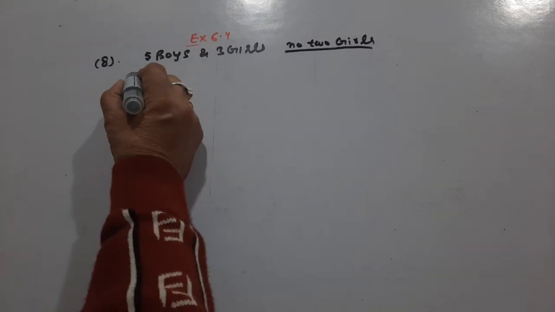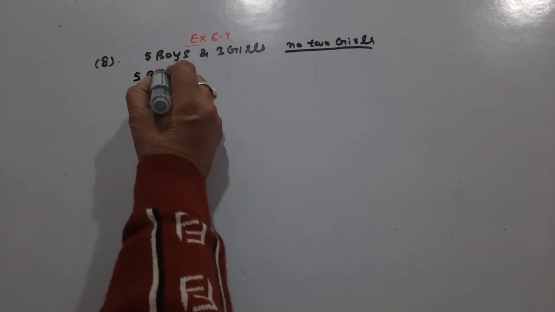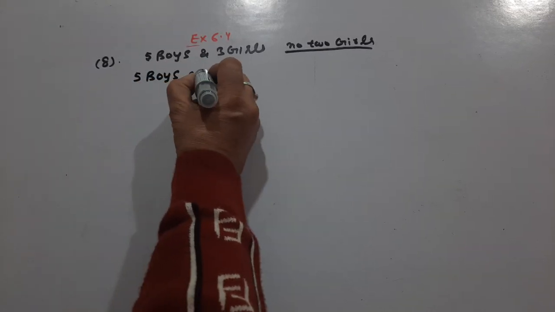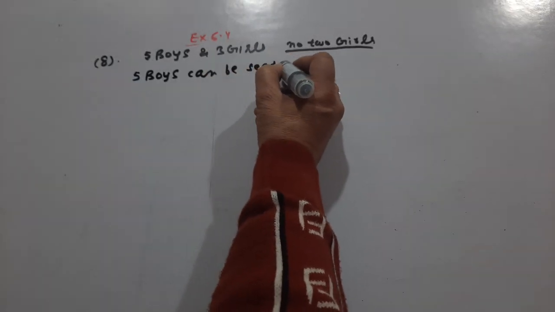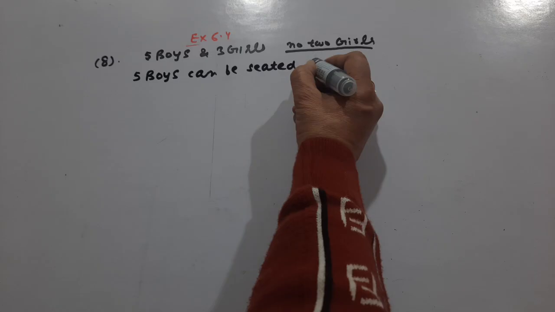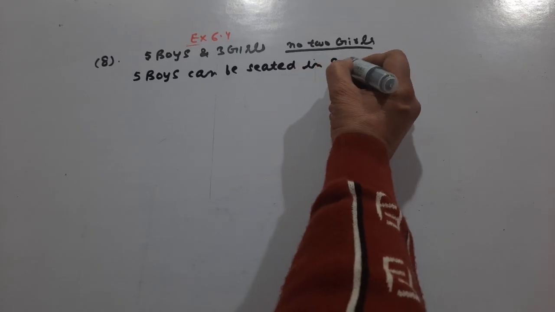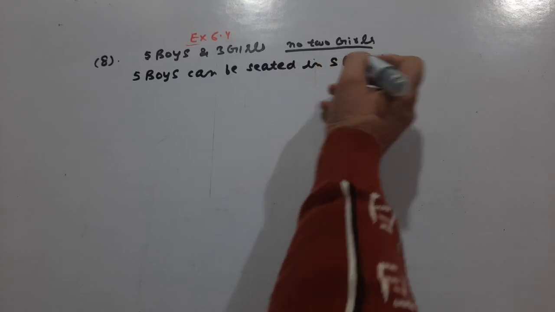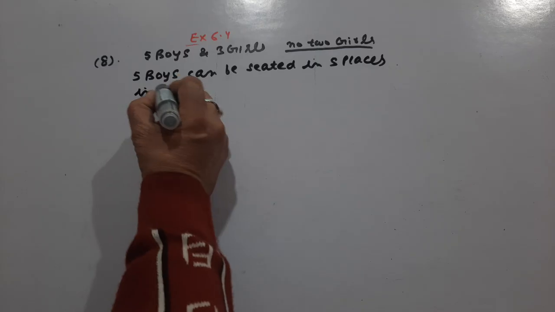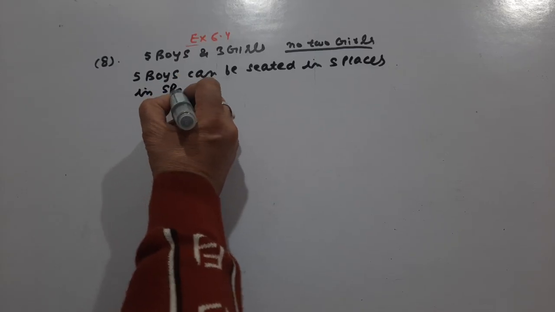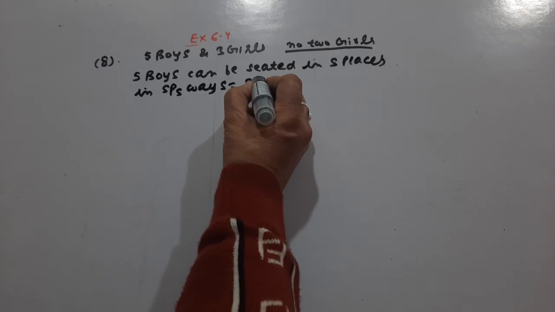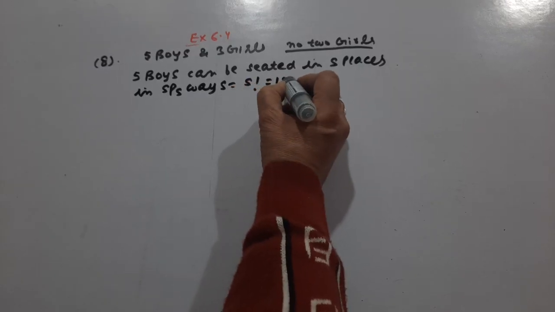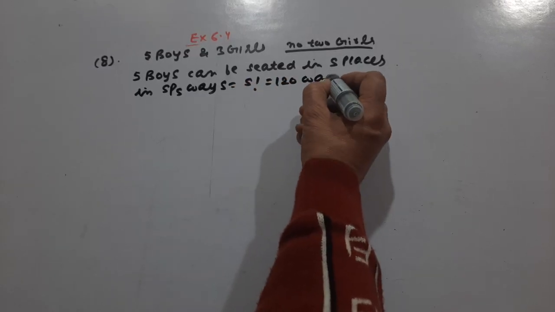So we have 5 boys, and 5 boys can be seated in 5 places in 5P5 ways, which is equal to 5 factorial, which is equal to 120 ways.